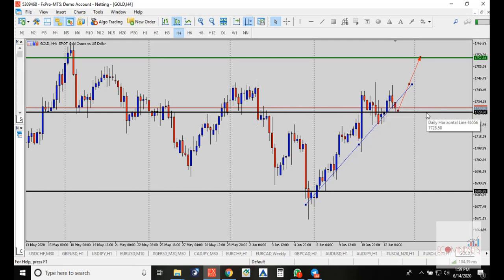We are having a support resistance, then a support level over there, which is telling me that at this time the probability of price breaking that level is low. But if price is able to break that level, that means there is a change of momentum. I'll take that sell. If not, I'll look out for a buy.